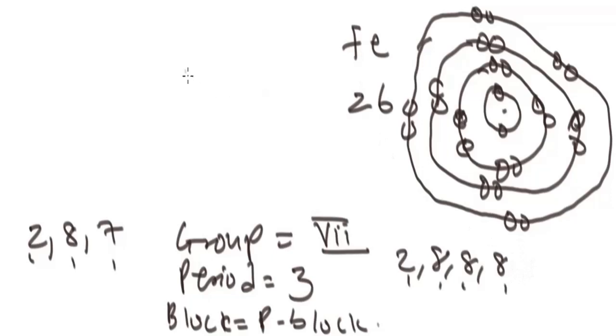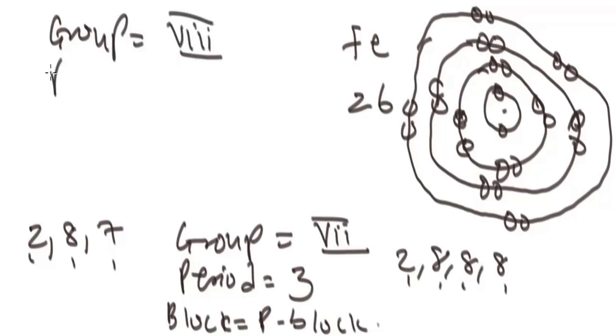That means the group of iron is group 8, whereas the period of iron, with 4 shells, is period 4.